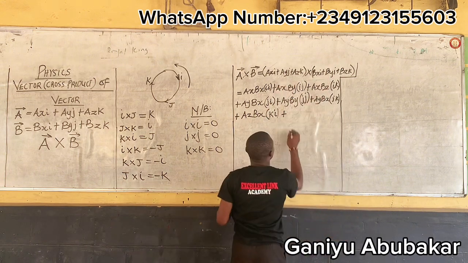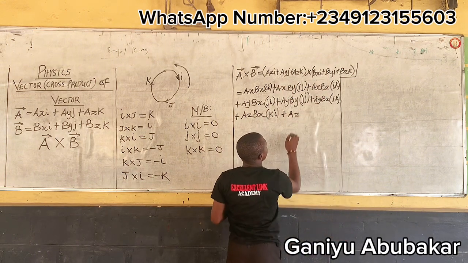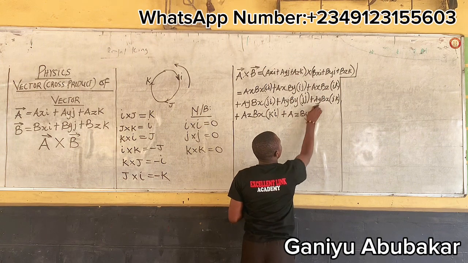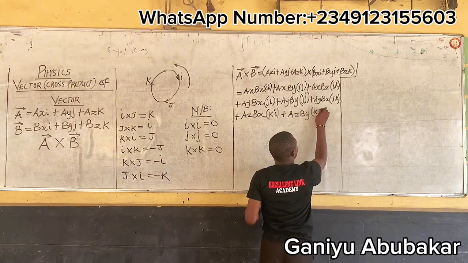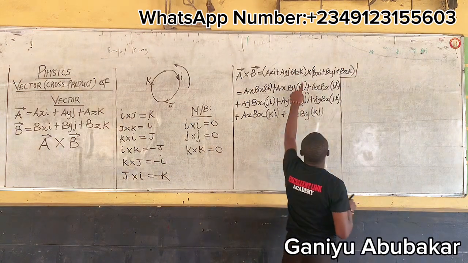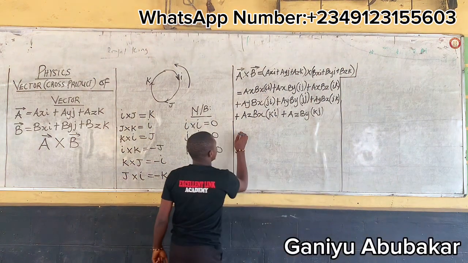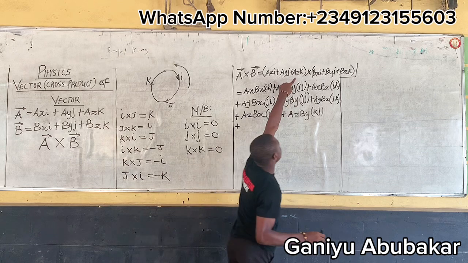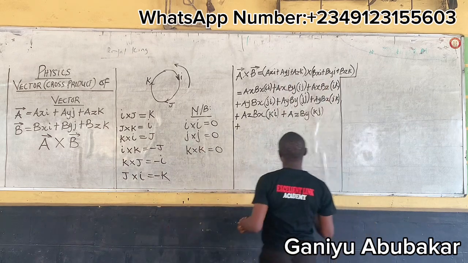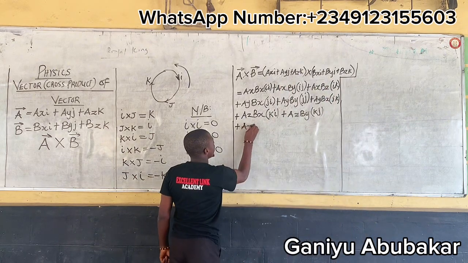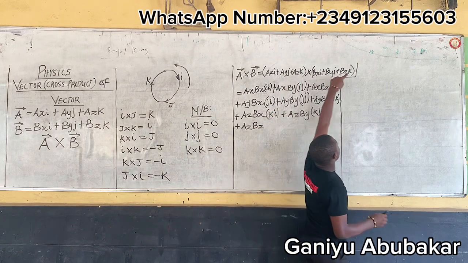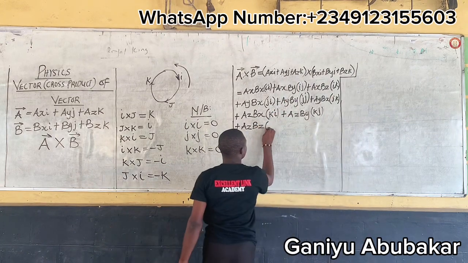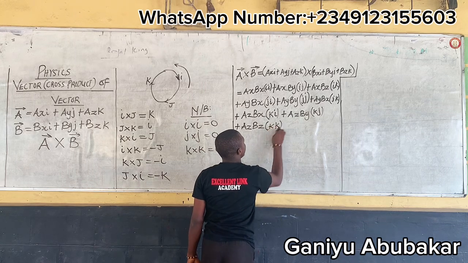That becomes A_z B_y into k and j, plus the last one, that's A_z B_z, k and k.